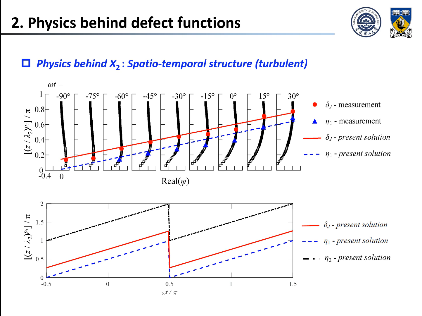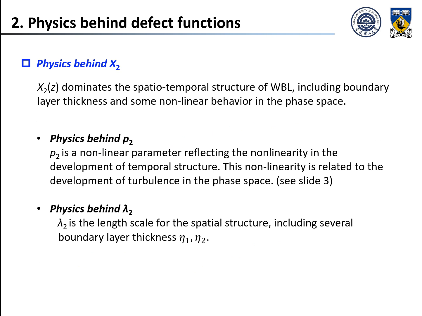A brief summary for x2. x2 dominates the spatial temporal structure of the wave boundary layer, including several boundary layer thicknesses via lambda 2, and the nonlinear development against time via P2. Combining x1 and x2, we will find a way in which the defect function dominates the wave boundary layer.